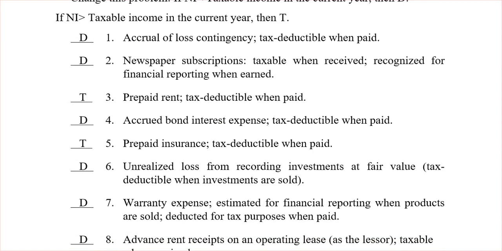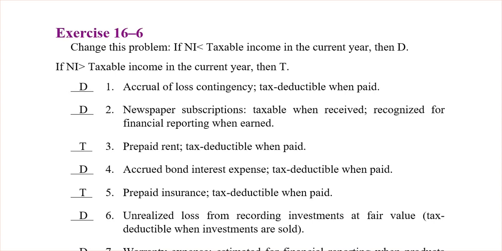This is an interesting problem, because it says you have an accrual of a loss contingency, but it is tax deductible when paid. Does this result in a D or a T situation?